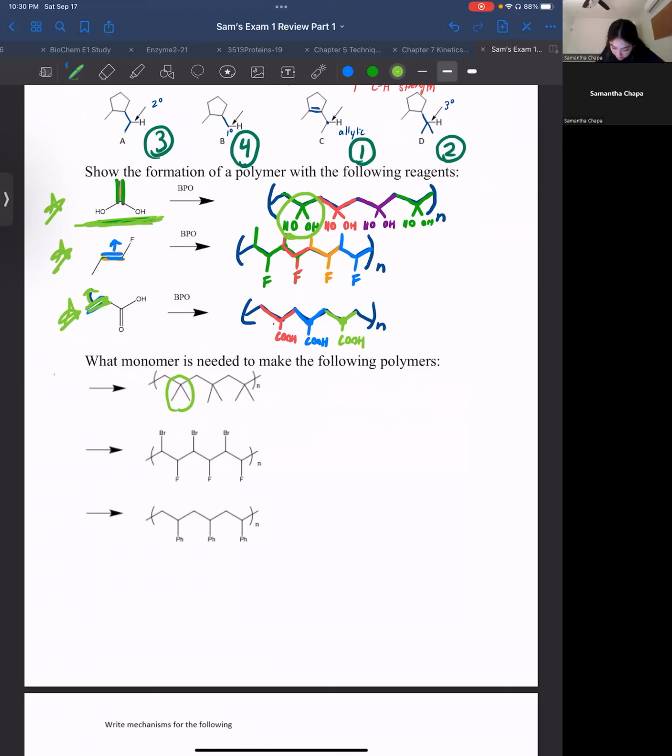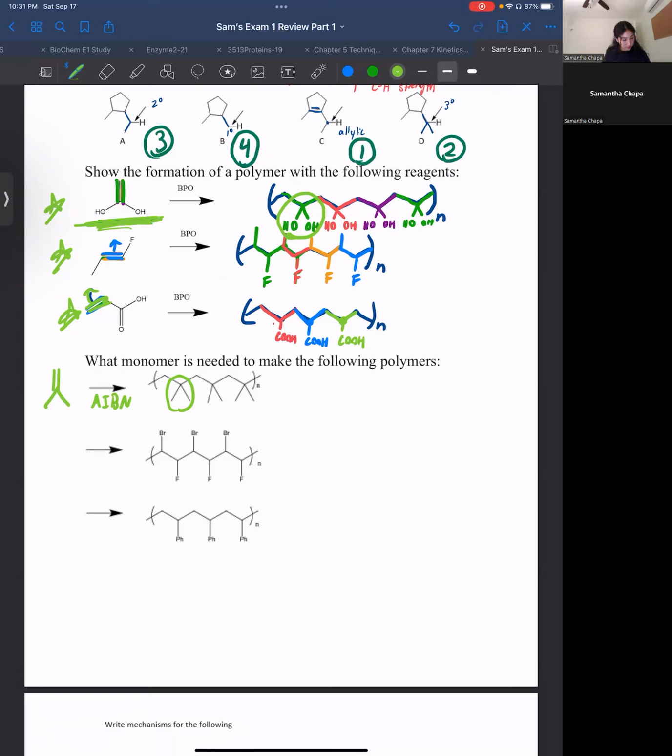What I'm going to do is draw my double bond and two methyl groups at the bottom. Notice how it looks similar like this, and this looks similar. This monomer should make that polymer on the right side of the arrow. And then I'm going to write AIBN at the bottom of it, because AIBN is what's going to initiate the polymerization.